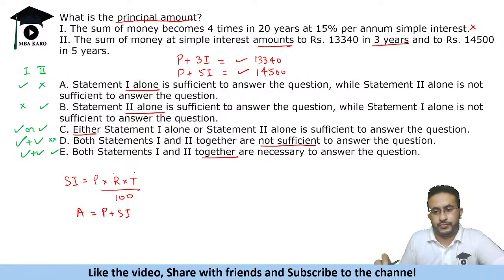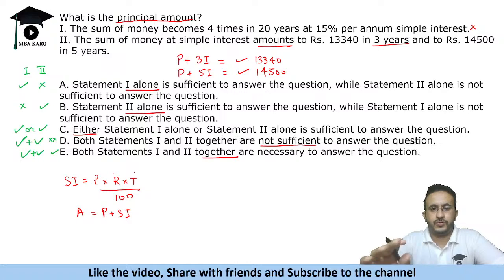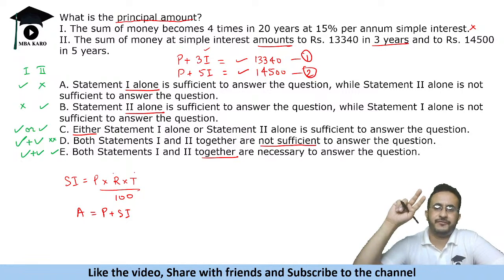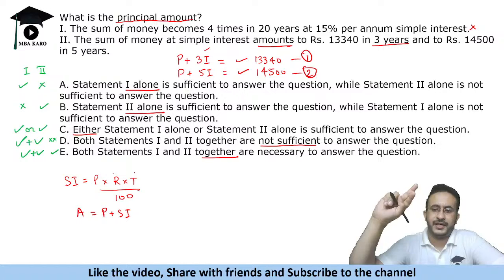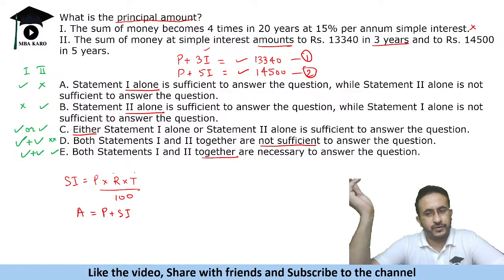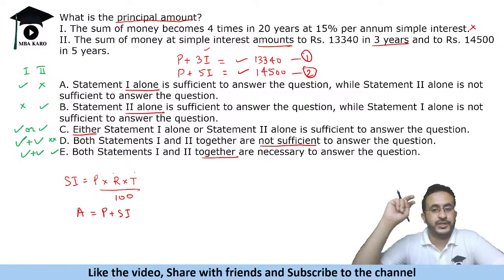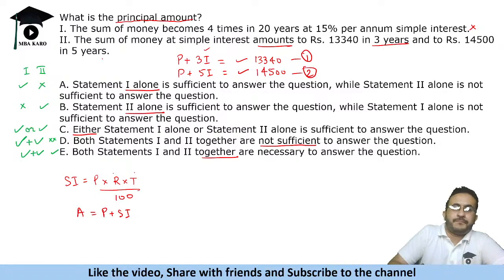You are not supposed to calculate. I am writing this to show, but you are not supposed to calculate anything in this. Now, if I subtract equation 1 from equation 2, I will get the value of I because P cancels out. So basically, we have two variables P and I, and there are two equations. If there are two variables and two equations, we can solve them, right? If there is a linear equation with two variables, we need two equations. So we can solve using this.